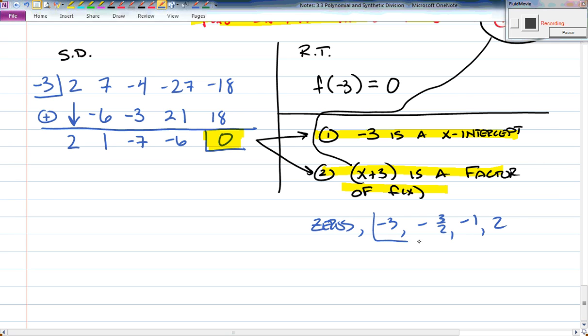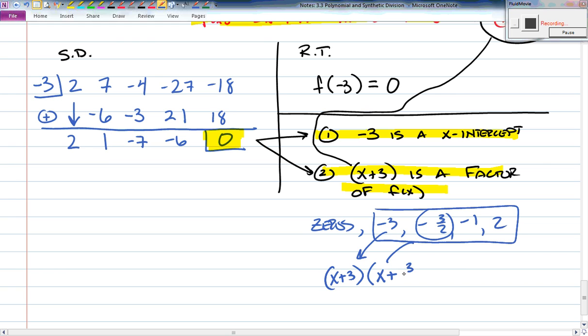So if these are my zeros, can you give me the factors then? If -3 is a 0, the factor is x plus 3. If this is a 0, what's the factor? 2x plus 3 halves... very good.